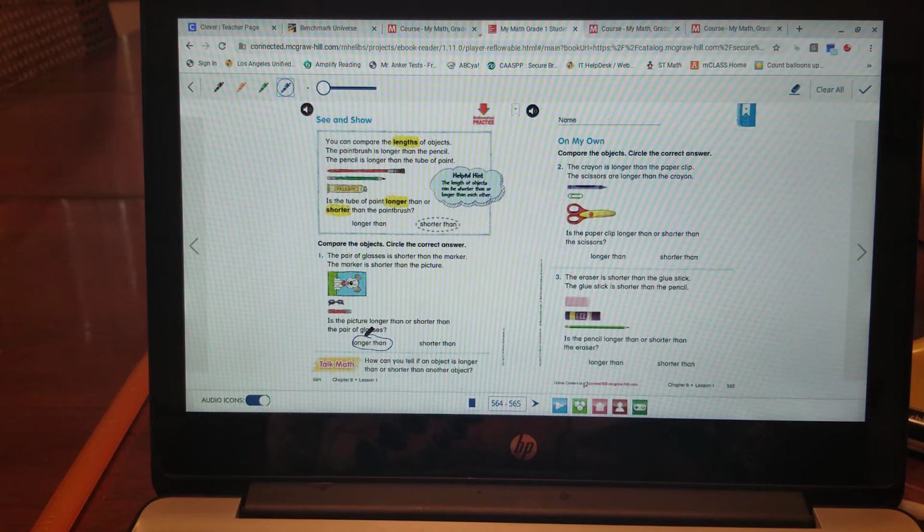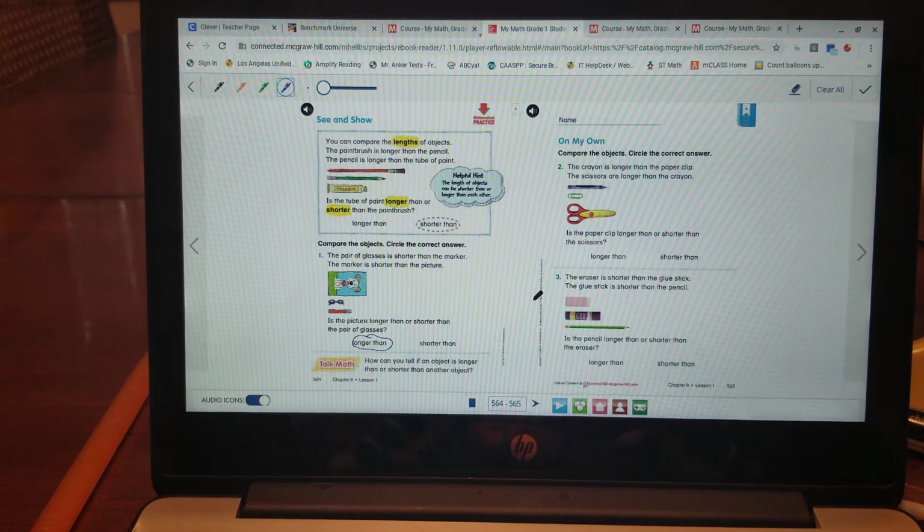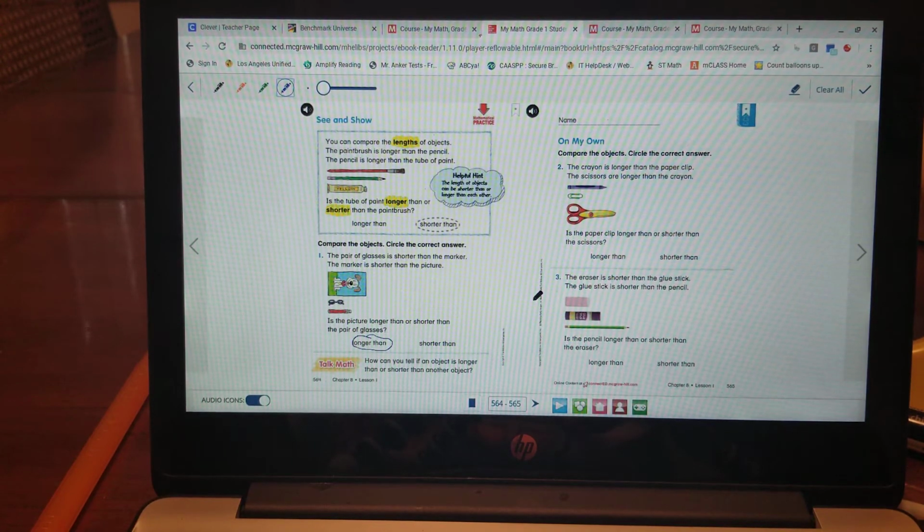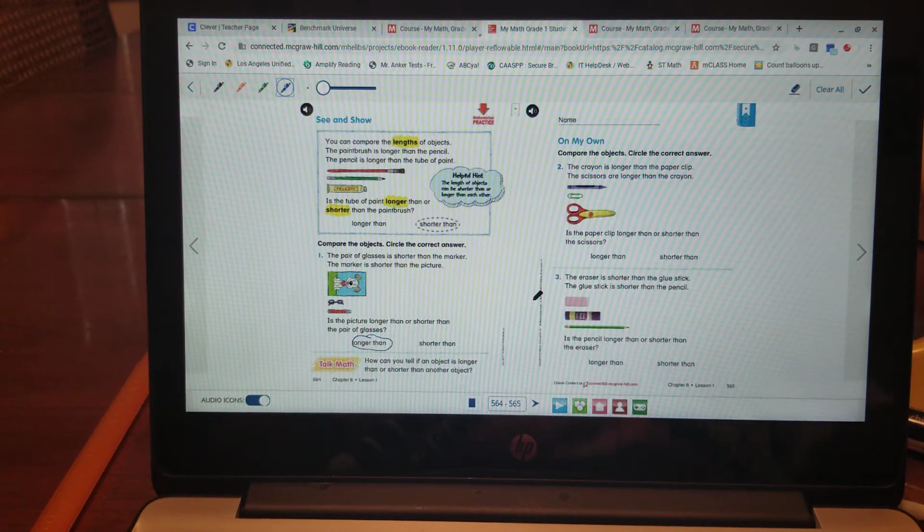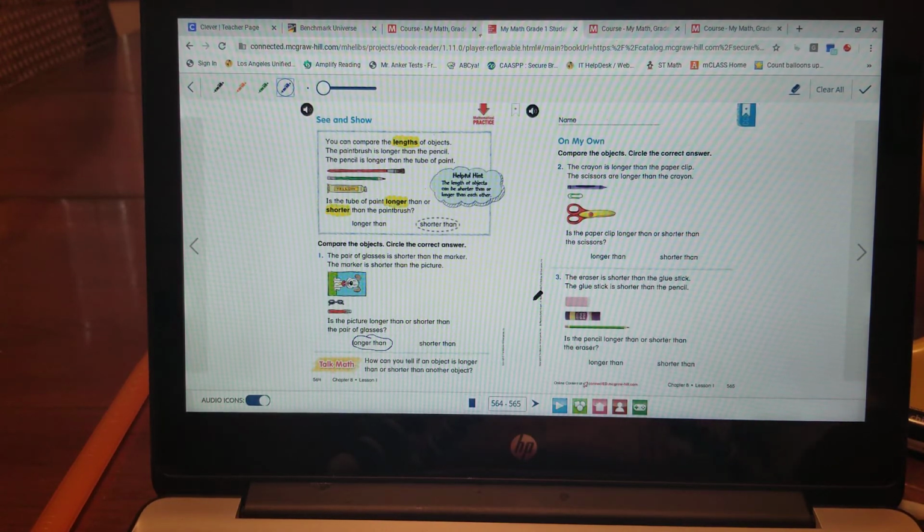Okay, let's go on my own. You're going to be able to do this when you get your book. On my own, we are again comparing the objects. Circle the correct answer. The crayon is longer than the paper clip. Crayon, paper clip. Yes, I agree.